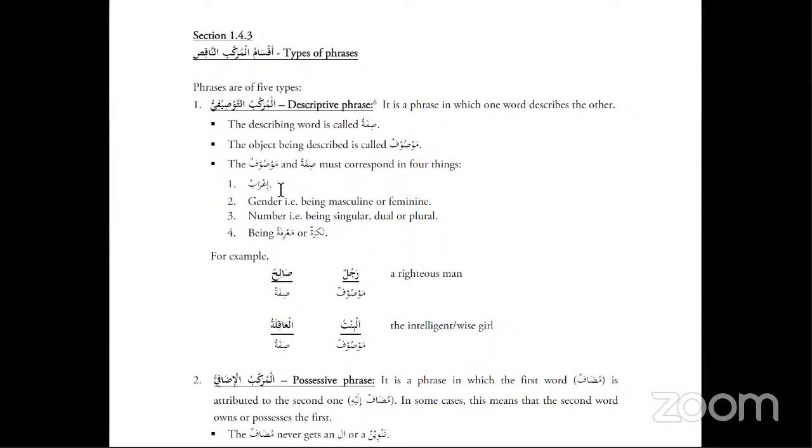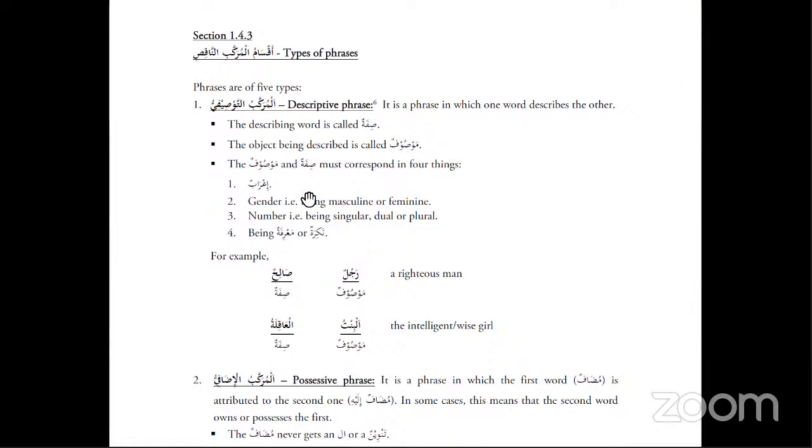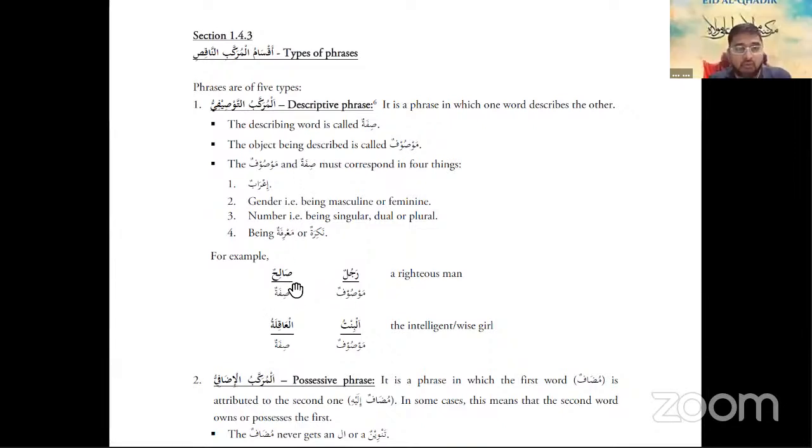Gender, masculine and feminine. Number, singular, dual, or plural. Being nakira or marifa. Now here, mawsuf is the adjective, right? No, sifa is the adjective. Mawsuf is the noun. So here, rajulun salihun.